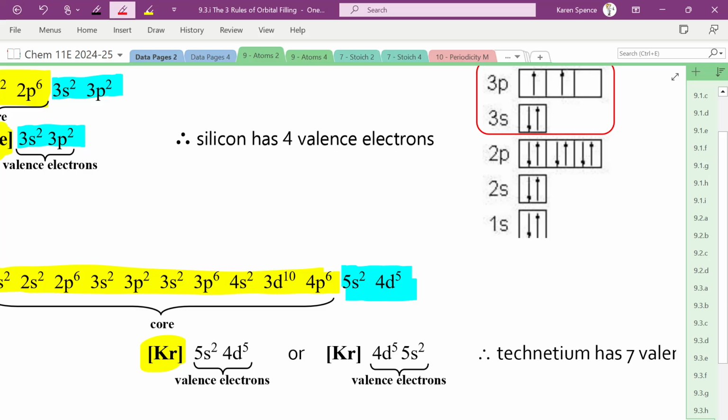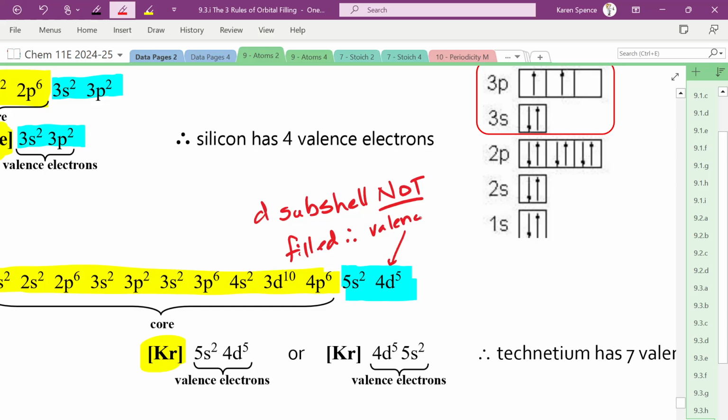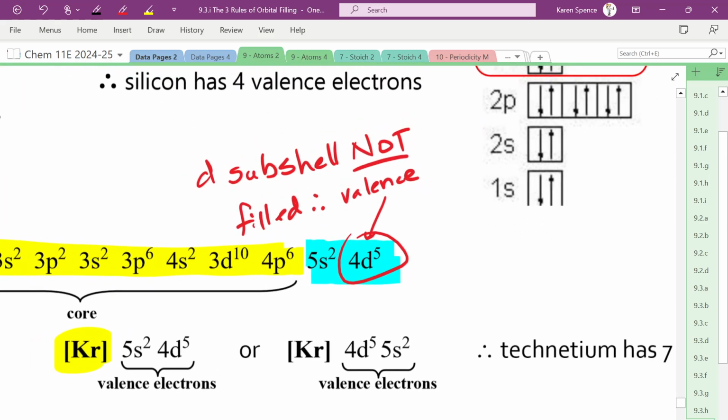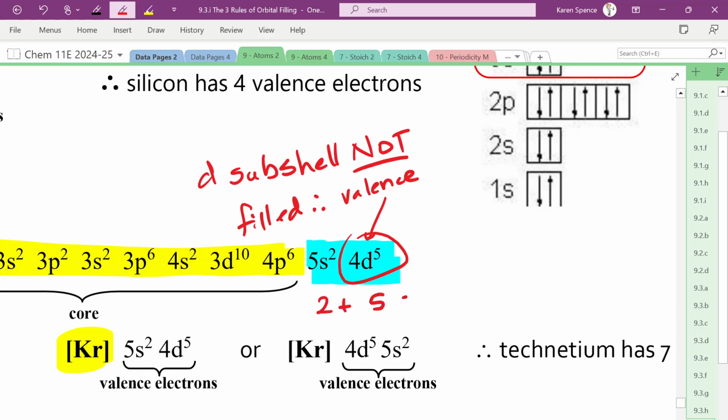Not filled. So it counts towards the valence electrons. So how many valence electrons do we have? We have 2 plus 5 is 7 valence electrons.